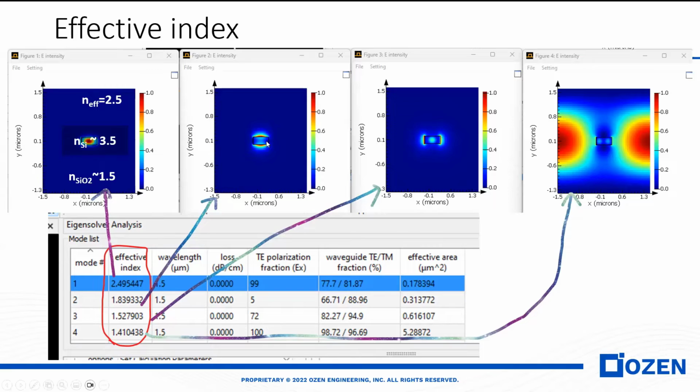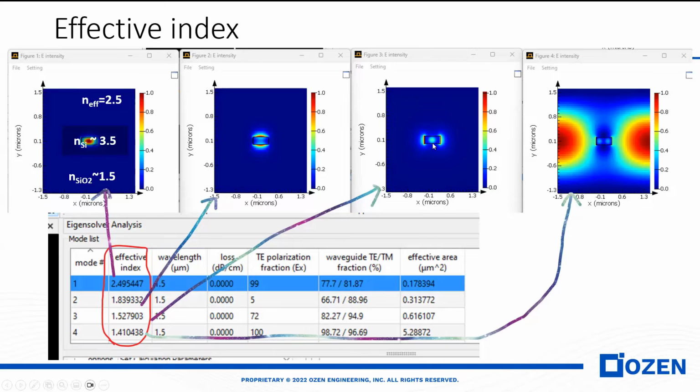But in this case, part of the red light is on the SiO2 side. For this reason, the effective index is bigger than the refractive index of the clad, around 1.8.